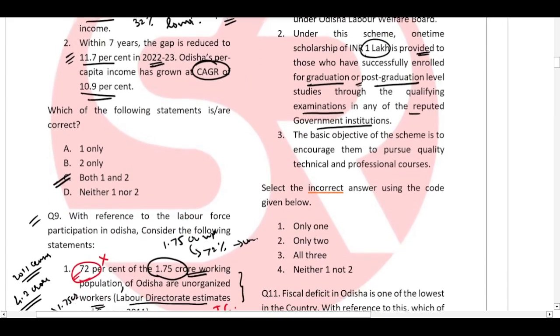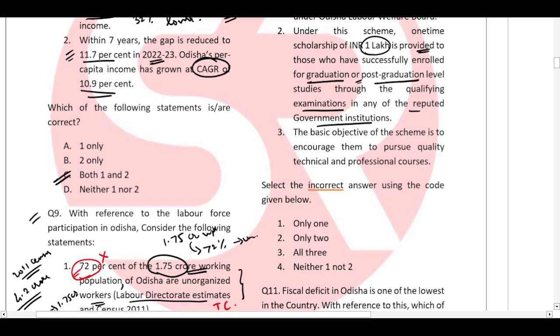Statement 3 says, the objective of the scheme is to encourage them to pursue quality, technical and professional courses. So which of the following is incorrect? So again, you have to be very careful. The question is asking about the incorrect statement.